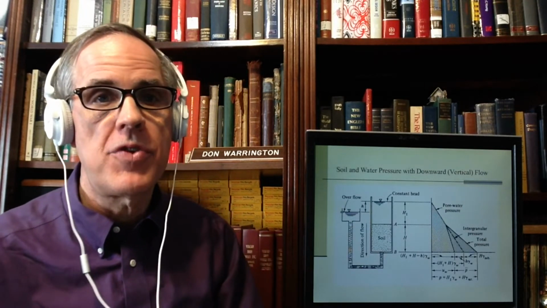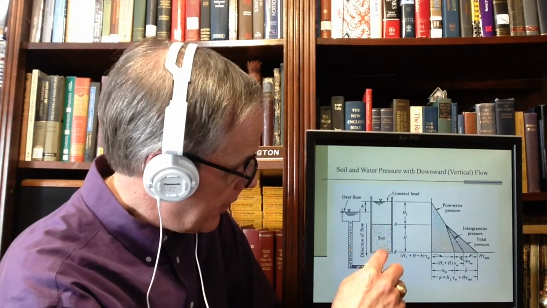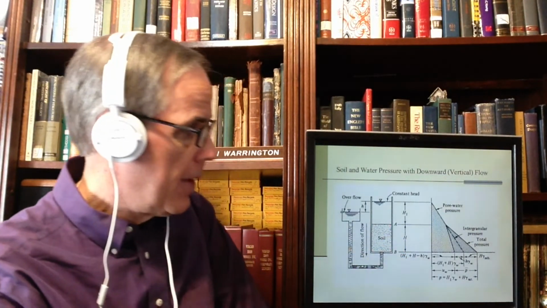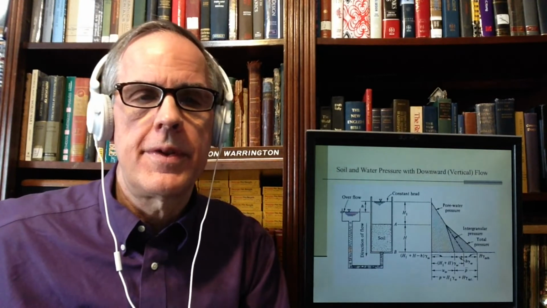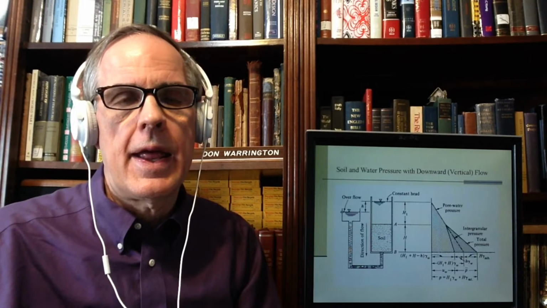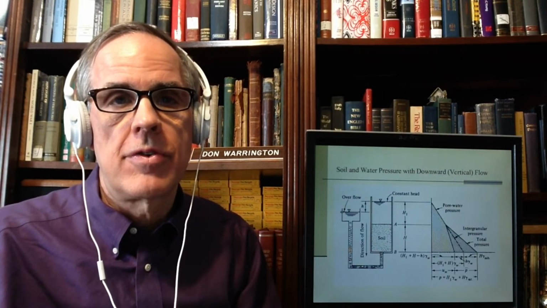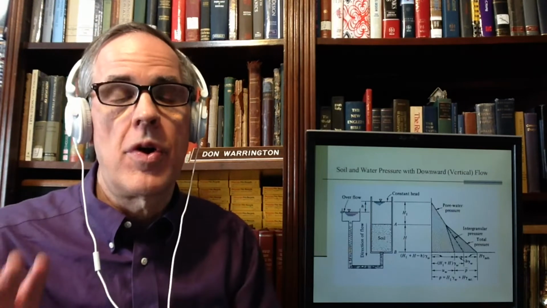And basically, if you know that, then you know the difference of head between here and here, and you can actually compute the flow. Now, what's the difference between downward and upward flow? Well, with downward flow, if you think about it, at hydrostatic conditions the water's not going anywhere.